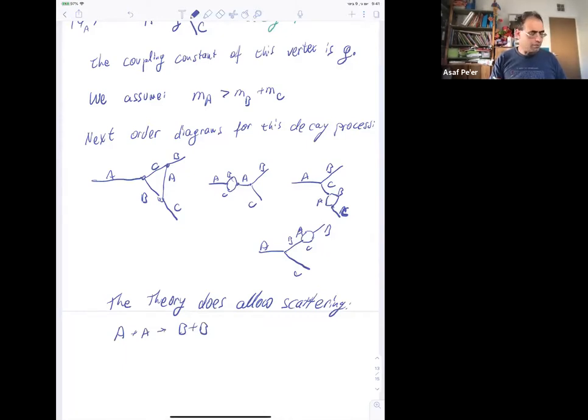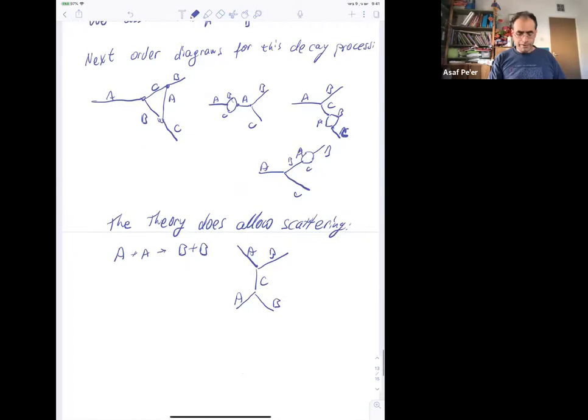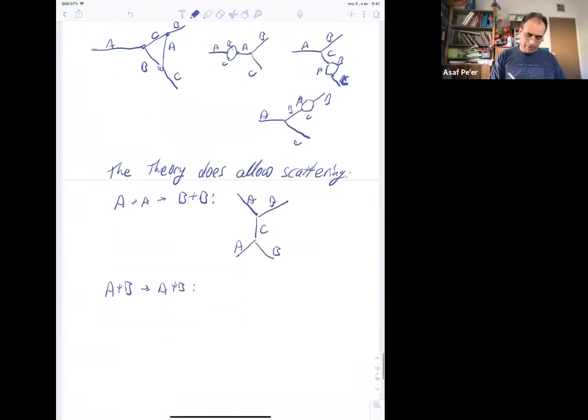So this one would be something like A, B, C, A, B, C. Right? Or A plus B goes into A plus B. Here we have two options, right? We have A, C, B, B, A. We have an A, B, C, A, B.